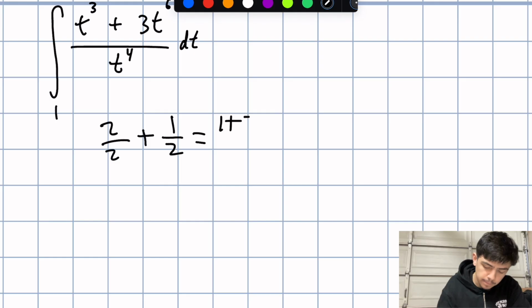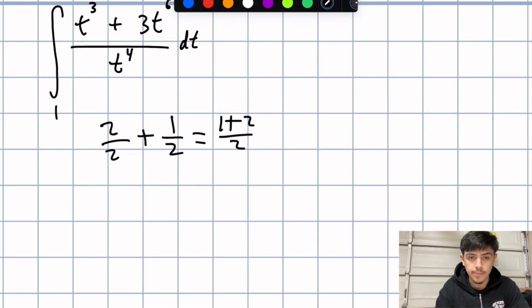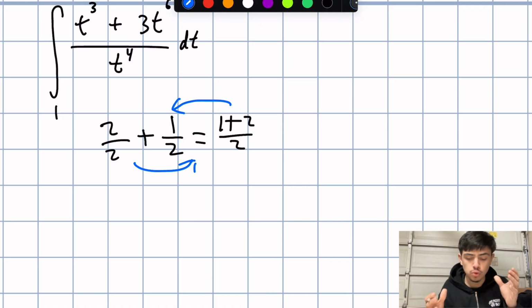We do 1 plus 2 over 2. Obviously 2 plus 1 is 3, but in this case, I'm leaving it like that so you guys can see that if we have 1 plus 2 up here, we can go backwards. We can split it again. We can go back and forth. We can have 2 over 2 plus 1 over 2, or we could have 1 plus 2 over 2.